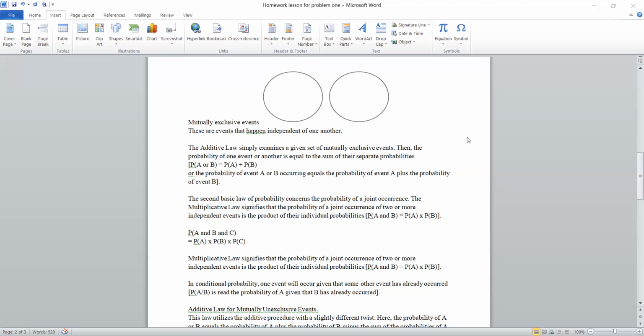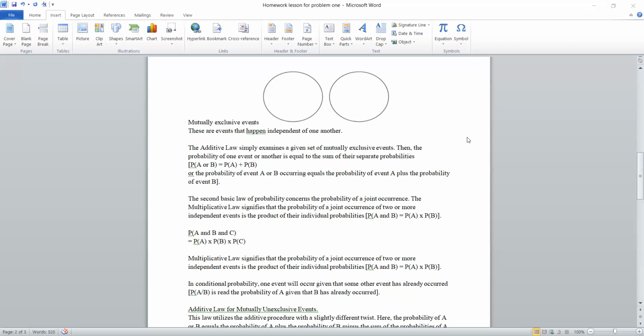So we could have the probability of A and B. Let's say I wanted to roll the dice twice. What are the probabilities that I would get 3 and 4 in each of those rolls?